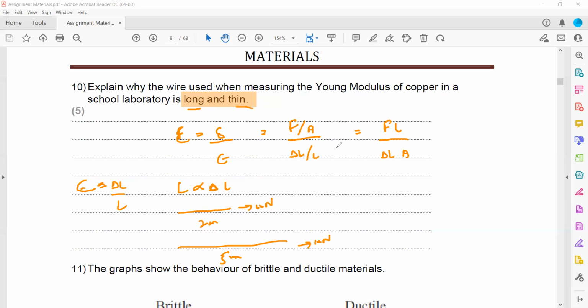And why must the wire be thin? What is the reason for that? When it has a small area, we get a very large value of stress, and stress is equal to force divided by area.